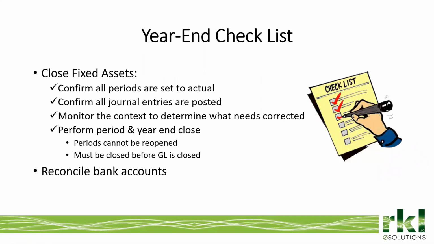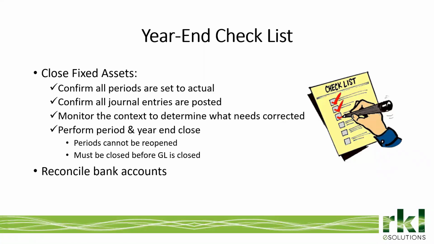All right, fixed assets. For those of you using the fixed assets module, there are a couple of things to consider. You want to confirm that all your periods are set to actual and not simulated on the depreciation context screen. The default is set to simulated, so you want to be careful to check that. You'll also want to confirm that all your journals are posted for the year.